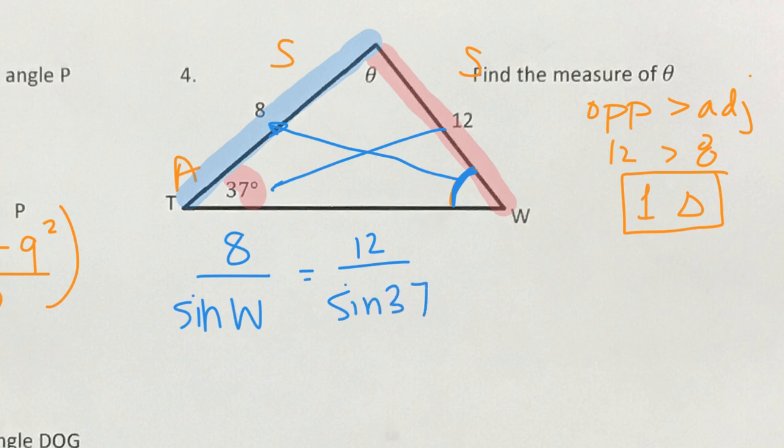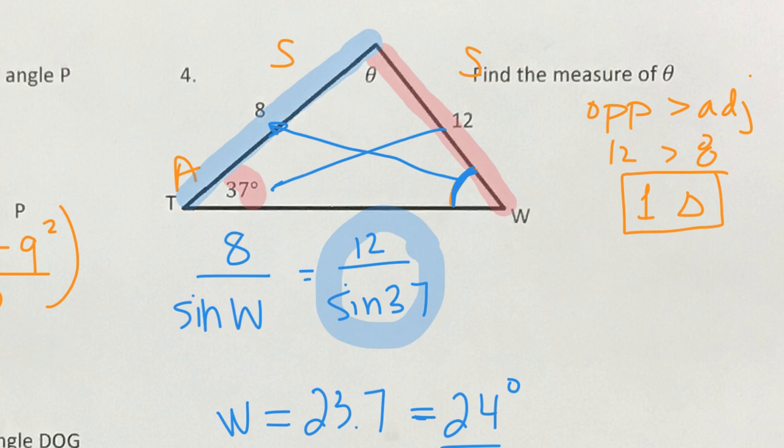Okay, law of sines. We need to have one known ratio. So here we have our known ratio of 12 over sine of 37. Cross multiply, divide, and then inverse sine both sides. My calculator says 23.65, so rounding to the nearest degree is 24 degrees.